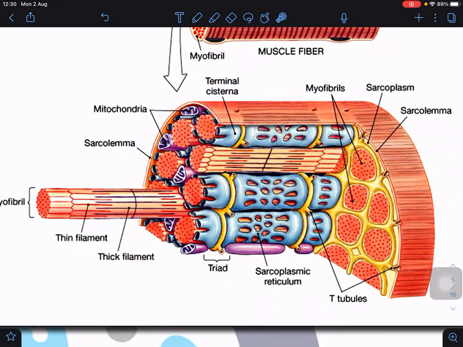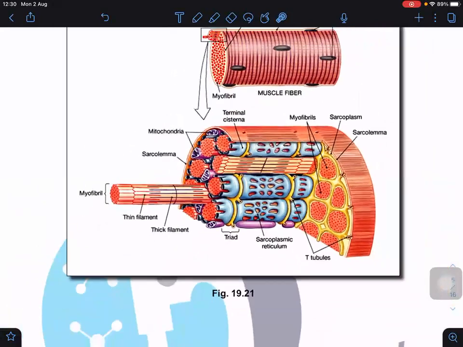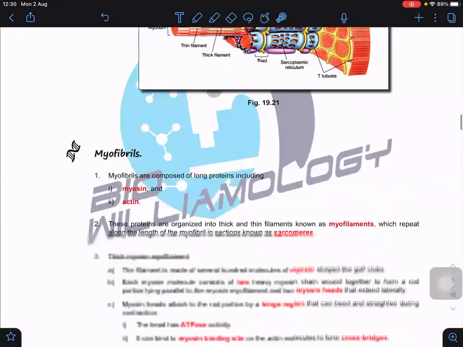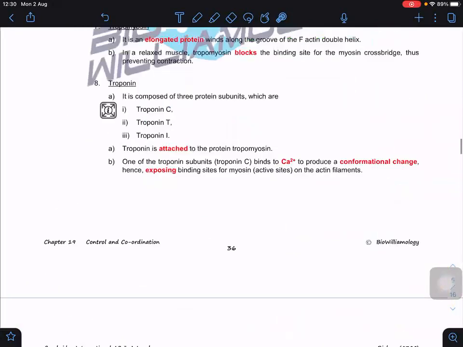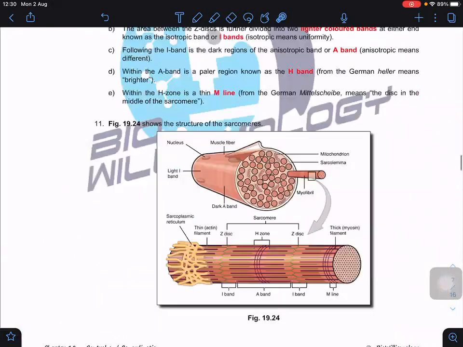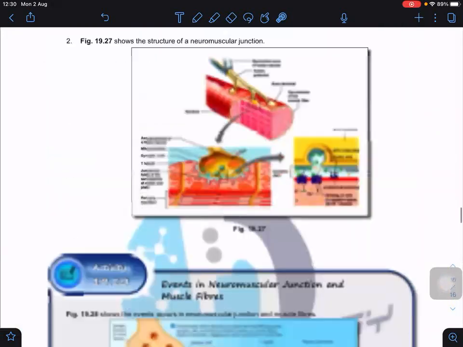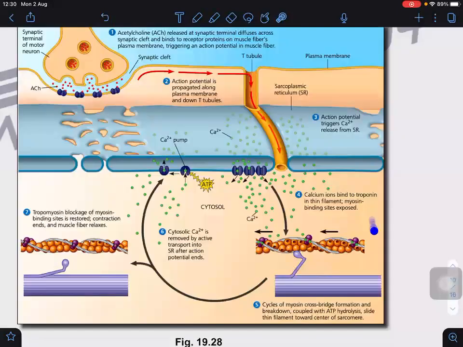I'm going to show you one diagram now, not here. Can you see that, guys? This is the muscle myofiber, the one I highlight now. The myofiber is enclosed or wrapped by this bluish-colored thing, which is known as the sarcoplasmic reticulum, which acts as the calcium ion storage.